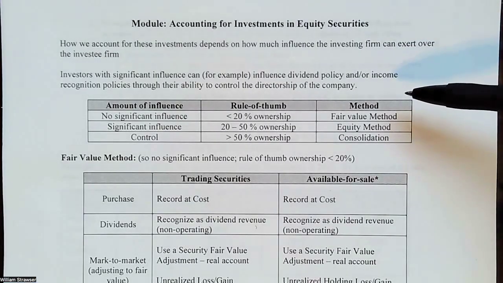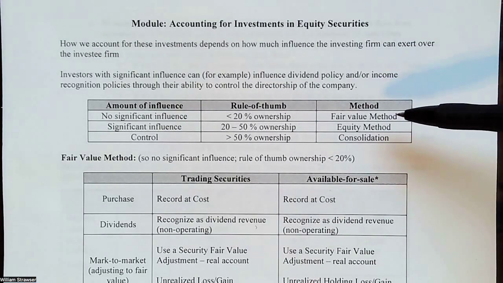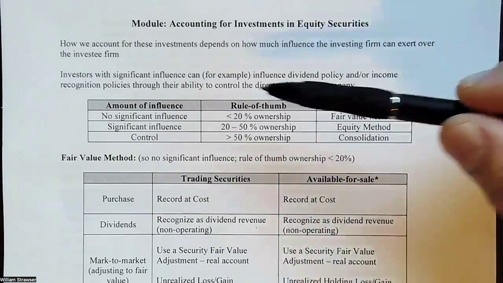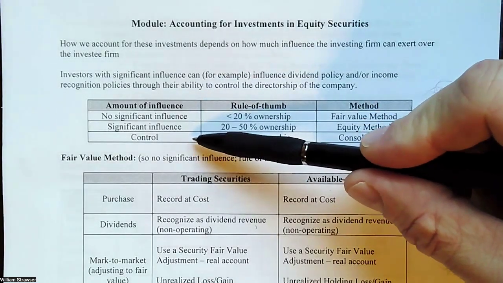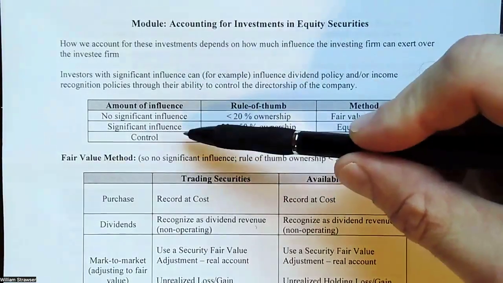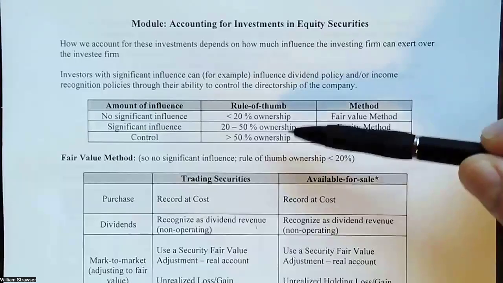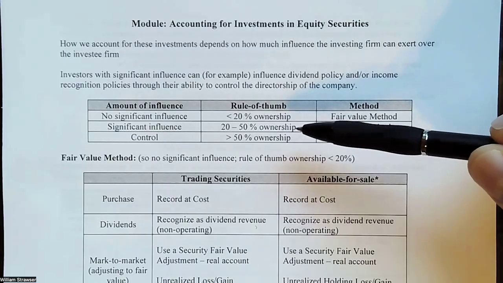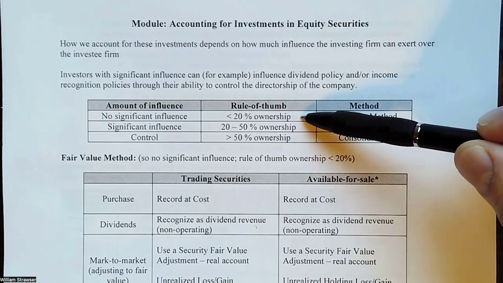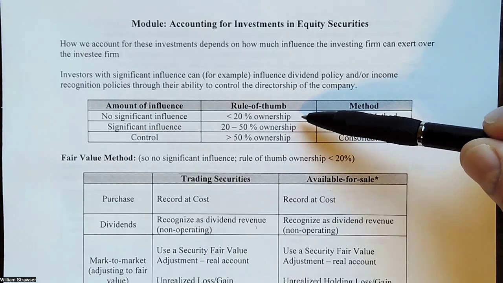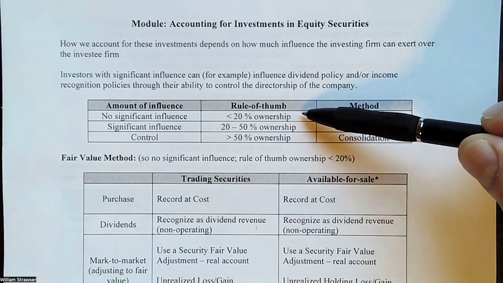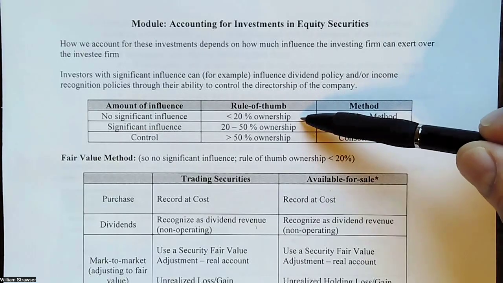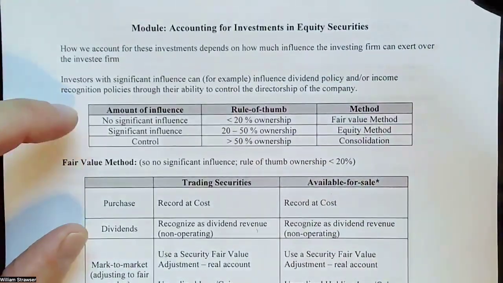Basically, our accounting treatment when we invest in the equity securities of another company depends on the amount of influence that the investor or the acquirer has after they purchase the investment ownership in the investee company. So if the transaction happens and we buy less than 20% of the target equity, we have less than 20% ownership in our investee, then we believe there to be no significant influence.